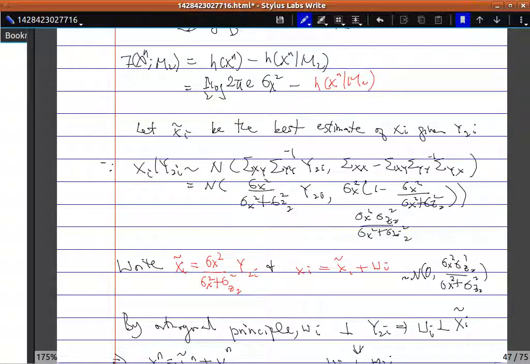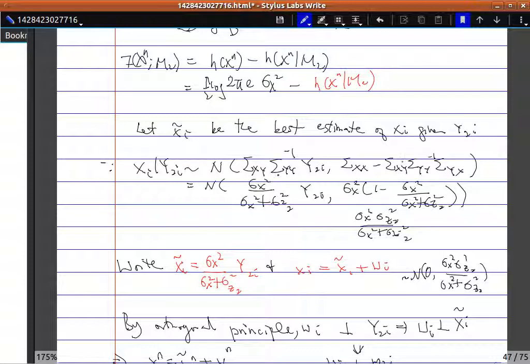What we are going to do is, let's just consider another random variable, x tilde i, and this x tilde i is basically the best estimate of xi given y2i. Then, xi given y2i is actually a Gaussian distribution with a mean given by this one and a variance given by this one.